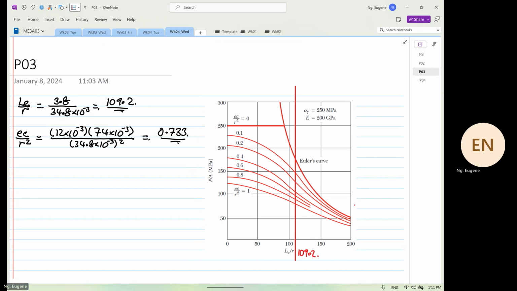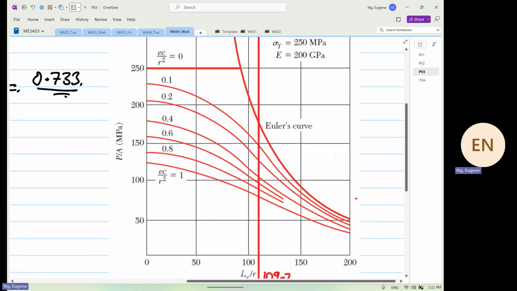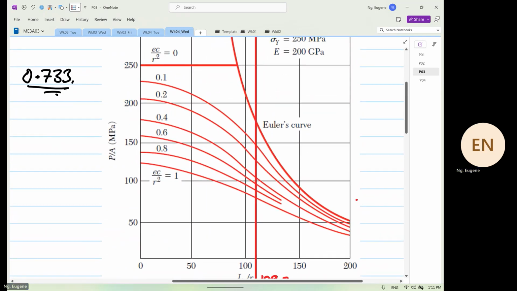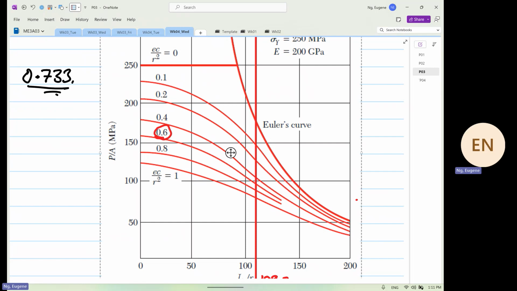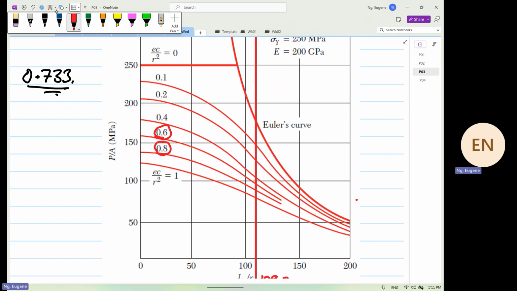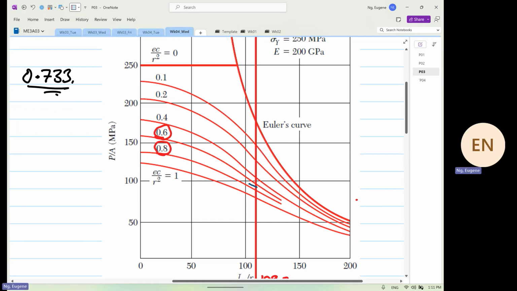So this will be our 109.2. Now EC over R is equal to what? 0.733. So do we have 0.733? Anyone? No, right? So you can just do this, okay? So we know that this is 0.6, this is 0.7, 0.733. I'm just going to approximate over here.